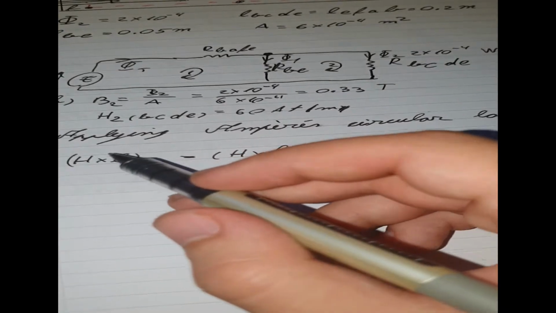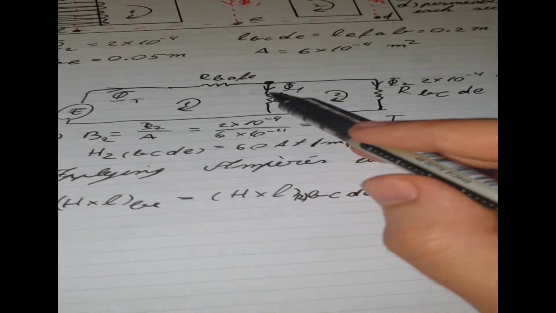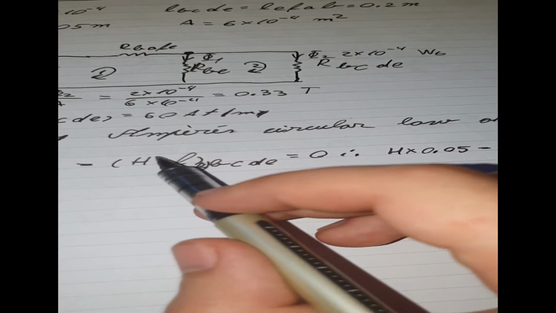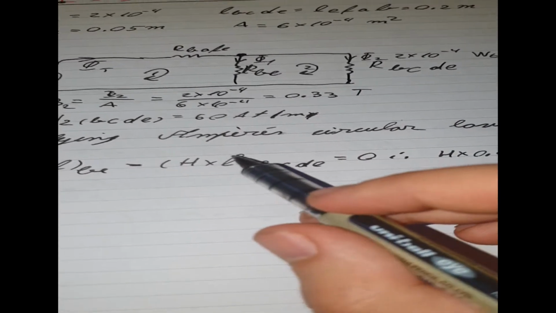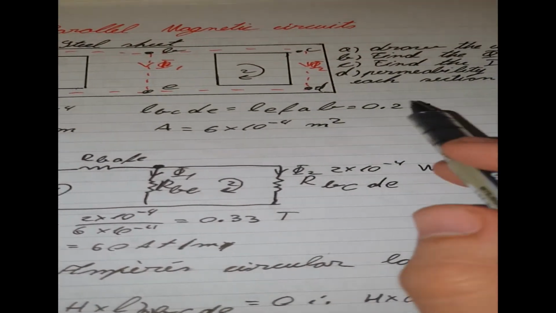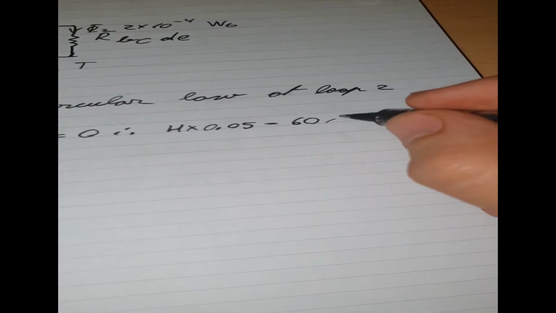We don't know the magnetic force inside number 2, so that will be H multiplied by the length, which is 0.05, minus H, the magnetic force, which is 60 for the second flux, multiplied by the length, which is 0.2 from this one here.